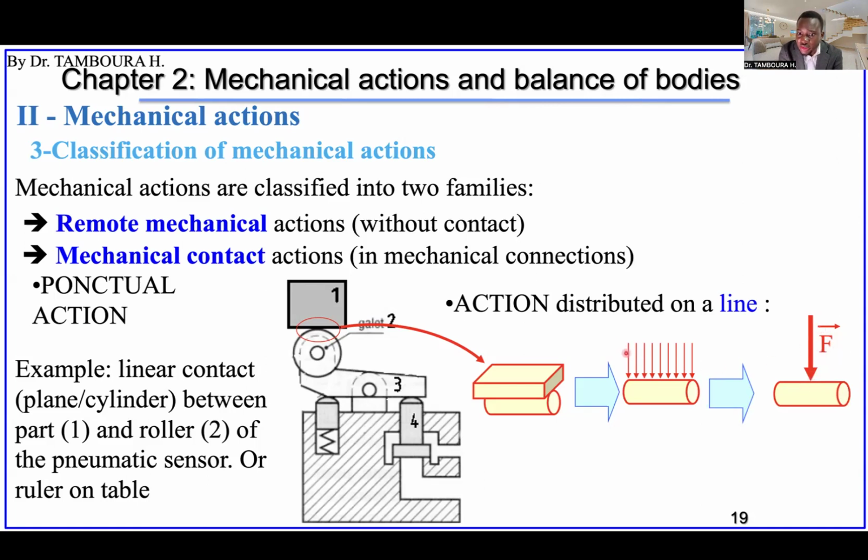You take this elementary force, this punctual force, multiplied by the distance L. It will be F equals q, this elementary force, multiplied by this length L. Okay, this is the second type, number 2, following a line.